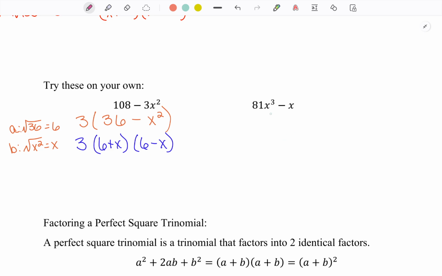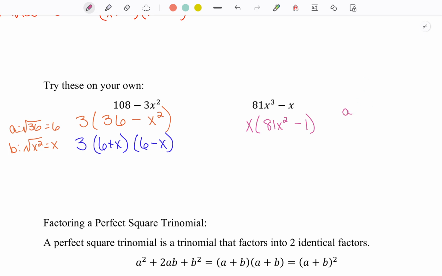All right, so you should have a GCF of x that needs to come out. And you should have noticed that because you have these weird powers of x cubed and x to the first that are not perfect squares. But if you take out that x, you get 81x squared minus 1, and that is a difference of squares.